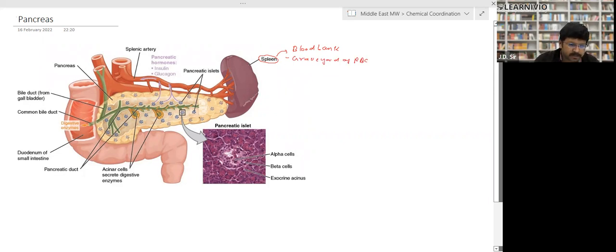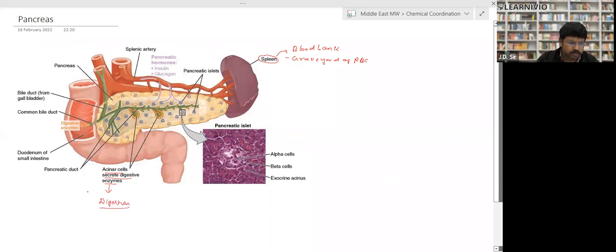Now come to the pancreas. Pancreas has two types of function. The digestive function is with the help of cells of acini. We have already studied that they are responsible for secretion of digestive juices, so they are responsible for digestion.